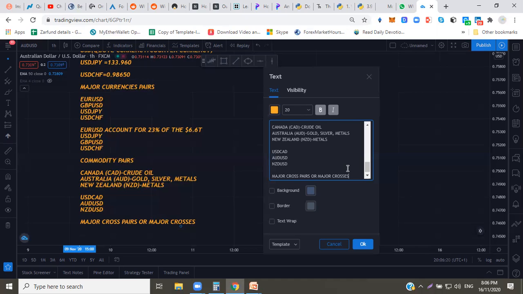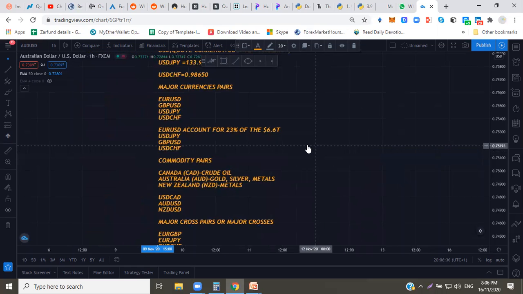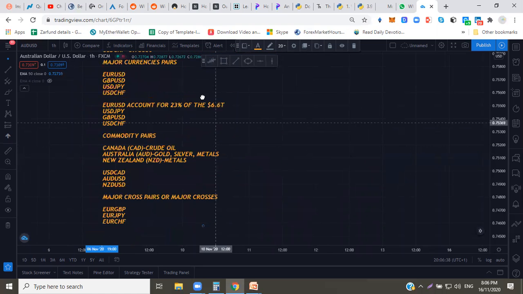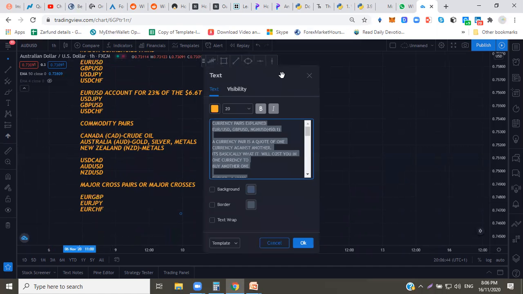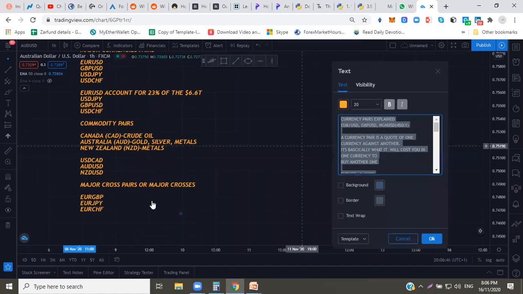These ones are EUR/GBP, EUR/JPY, and EUR/CHF. So these are the major cross pairs: EUR/GBP, EUR/JPY, and EUR/CHF.